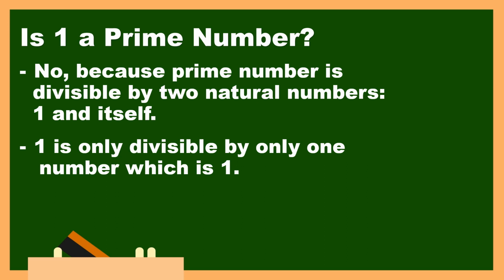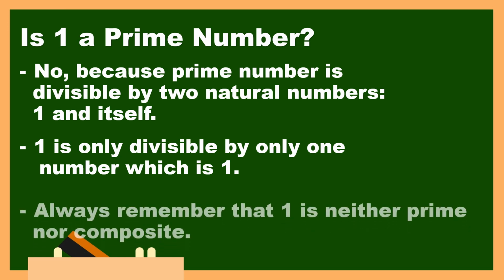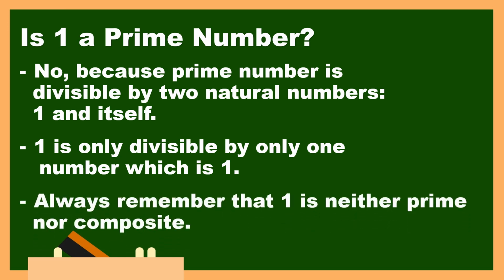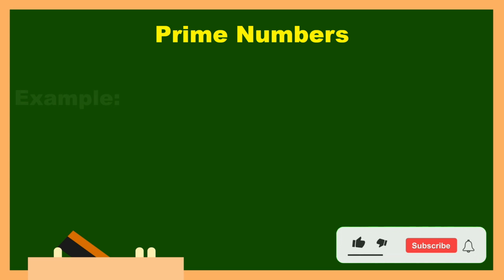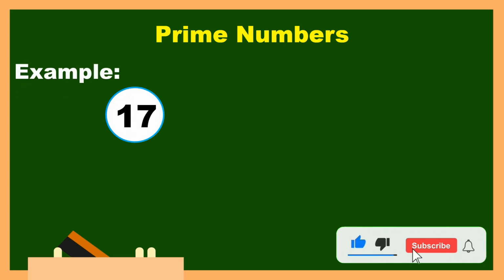Or, if we divide 1 by 1, the answer is 1. O kaya naman, kapag i-multiply natin ang 1 sa kanyang sarili, still the answer is 1. So, iisa lang ang natural number na makaka-divide sa kanya. So, laging tatandaan na ang 1 is neither prime nor composite.